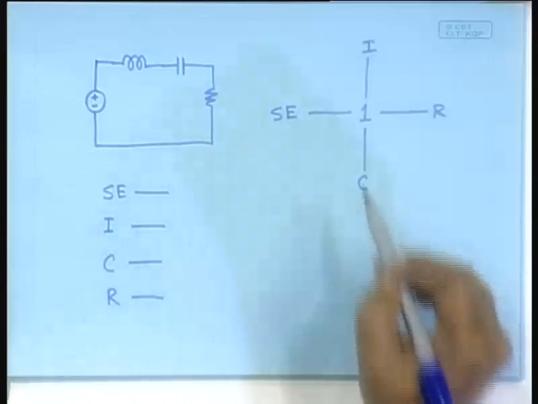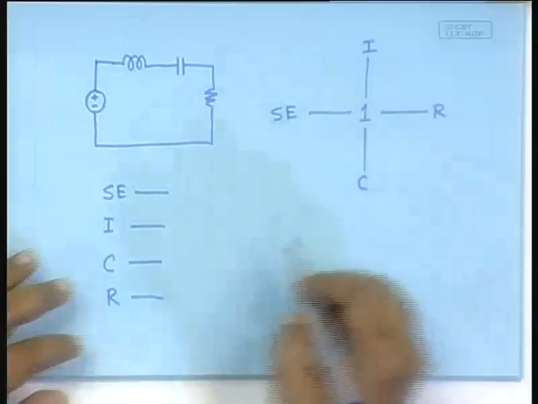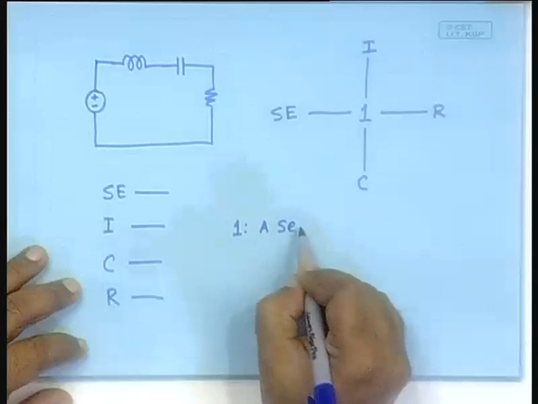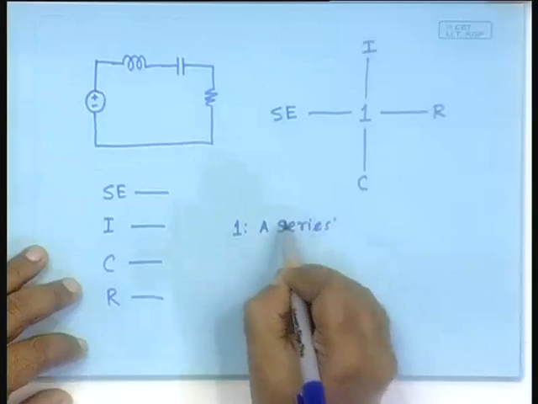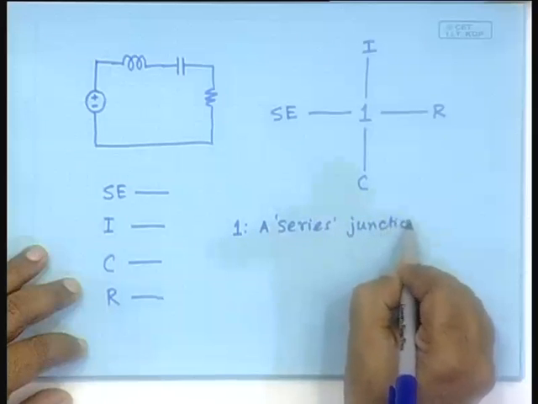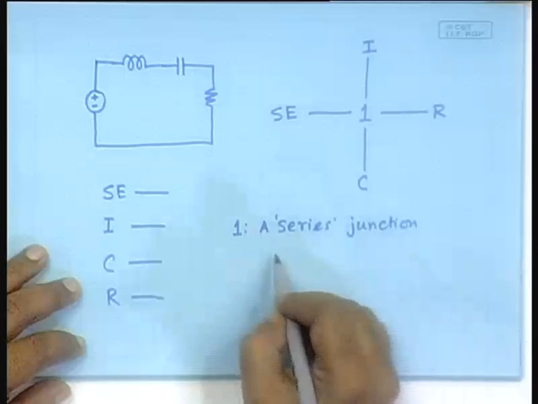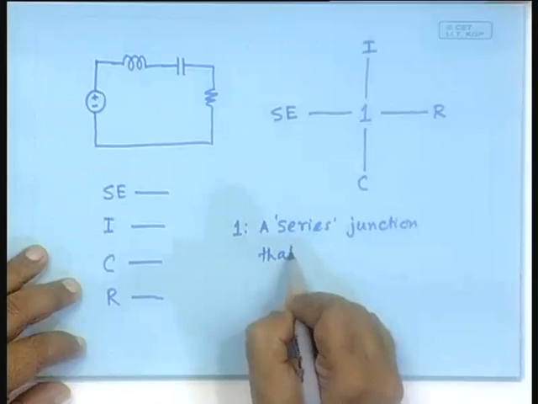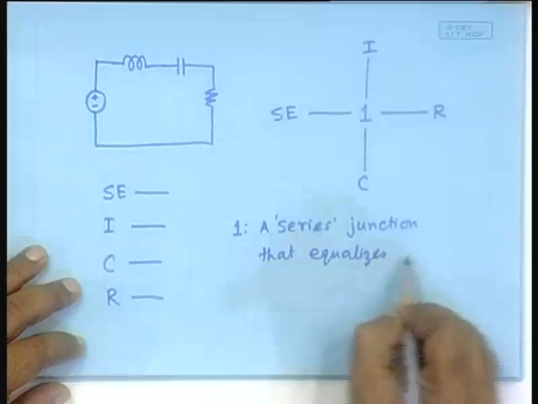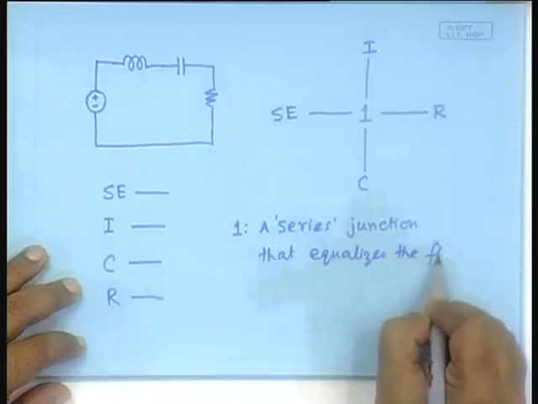So, this 1 has a property: it is a series junction that equalizes the flow.